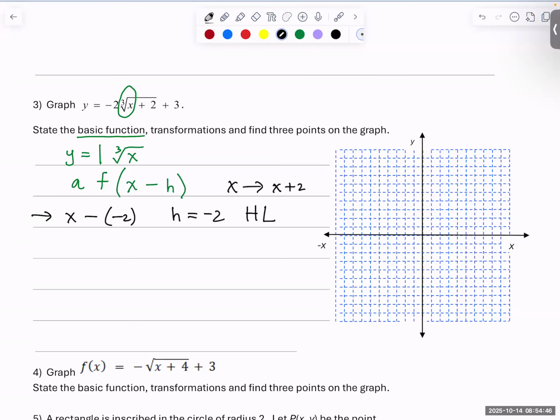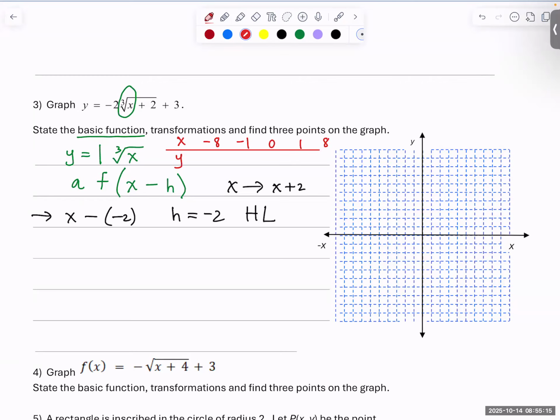All right, let's start talking about the basic function and its graph. We're going to input for x some perfect cubes to calculate their cube root by hand. Negative 8 is a perfect cube, as is negative 1, 0, 1, and positive 8.